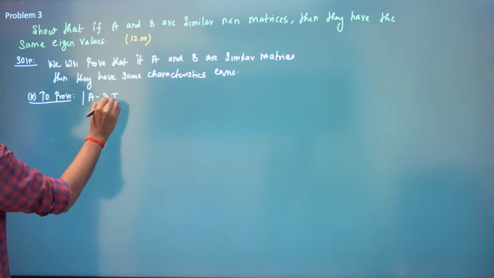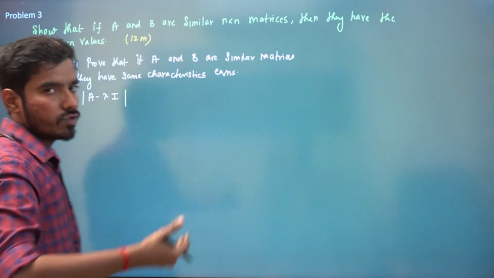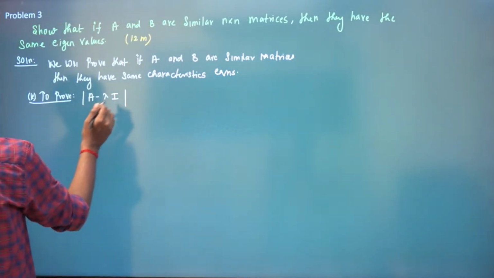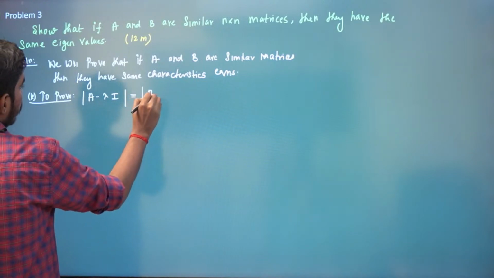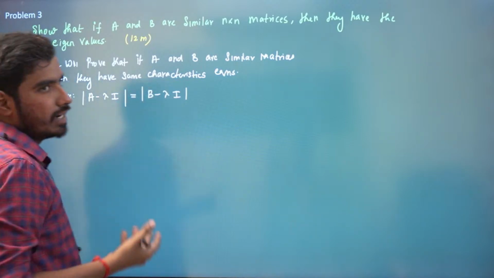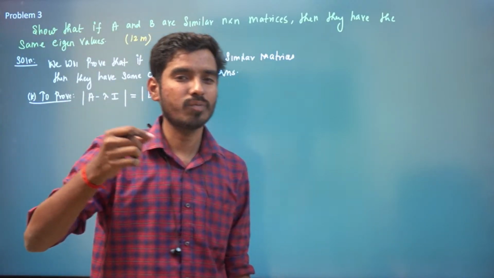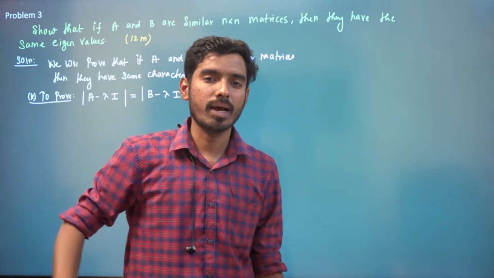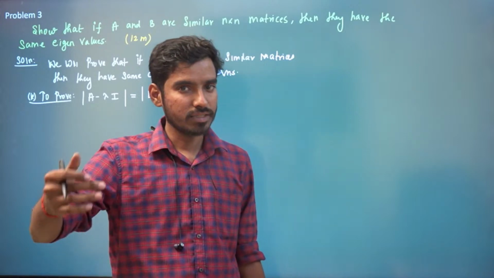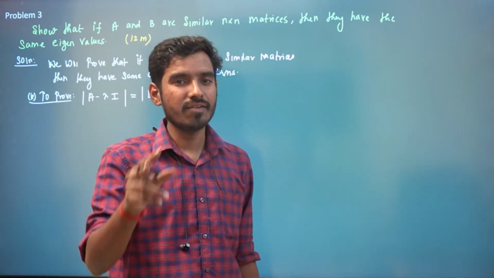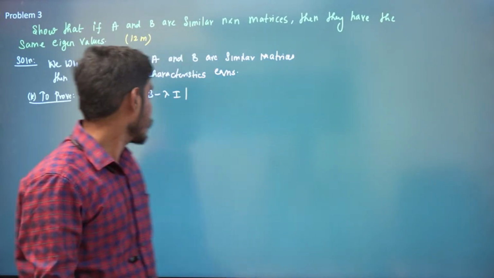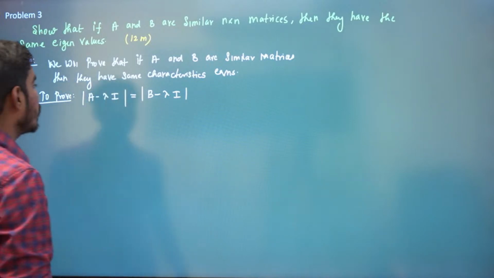Determinant of A minus lambda I. If I equate it to 0, the roots turn out to be the eigenvalues. Usually we find the characteristic equation by a formula: for a 2 cross 2 matrix, lambda square minus S1 lambda plus S2, and for 3 cross 3, lambda cube minus S1 lambda square plus S2 lambda minus S3. Instead of that, I'm using the definition of the characteristic polynomial, which is nothing but evaluating the determinant of A minus lambda I, right?